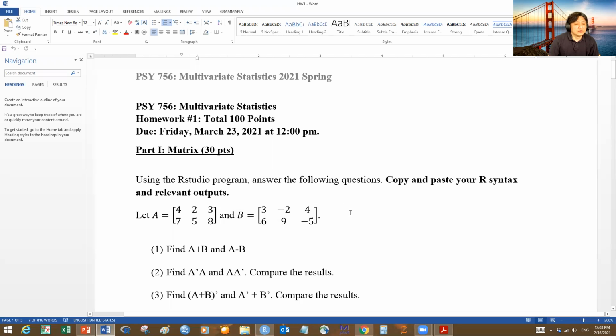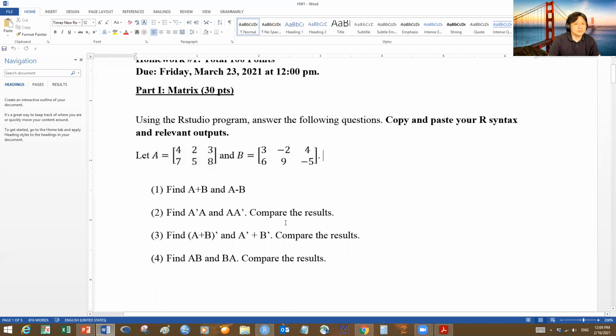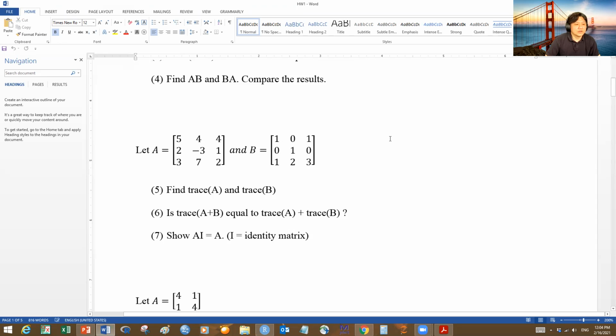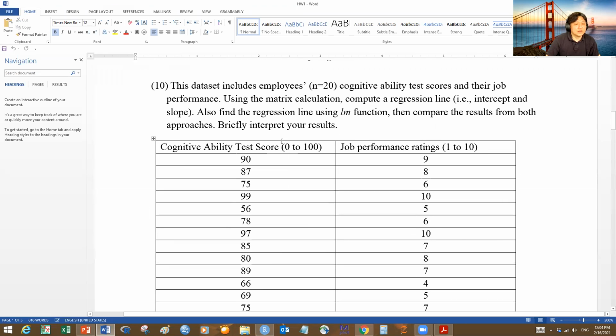You don't have to calculate by hand; you can use R. Here are some questions. Please copy and paste your R syntax and your relevant output with your answers. Then find the inverse, eigenvalue, and eigenvector.